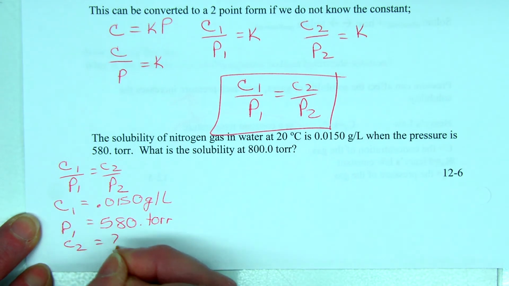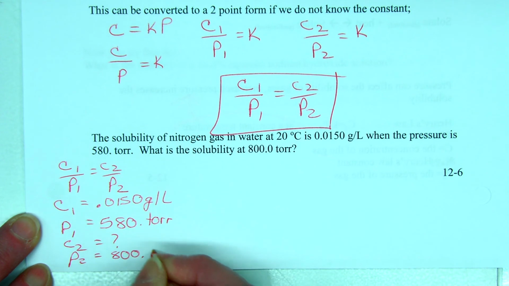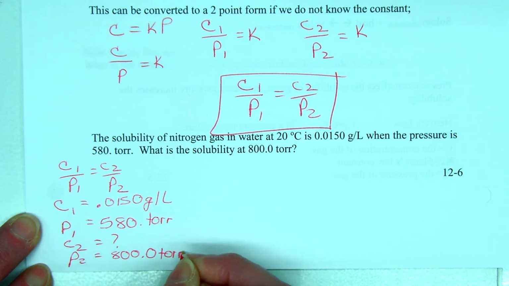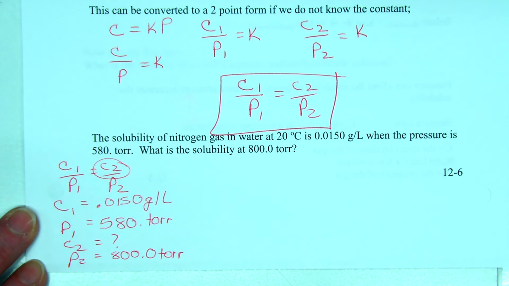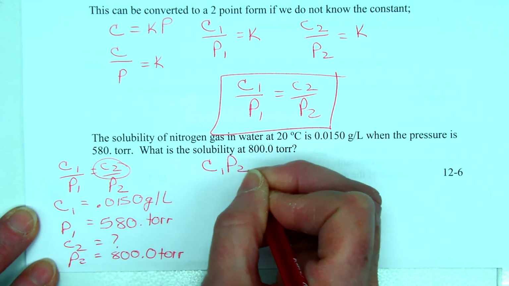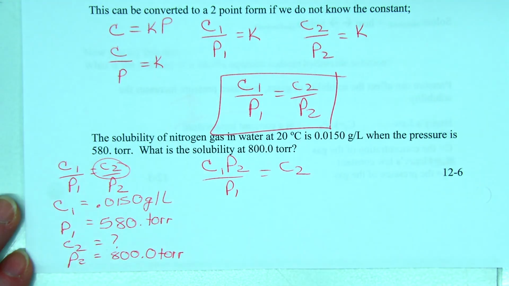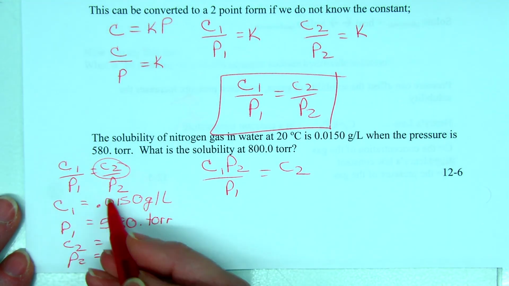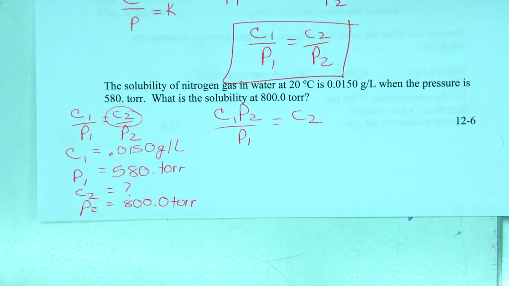C2 is my unknown, and P2 is 800 torr. So now I want to solve for concentration 2, so I rearrange. C1 P2 over P1 is equal to C2. Some of you might like to just write the numbers in and cross multiply on your calculator, and that works fine as well.